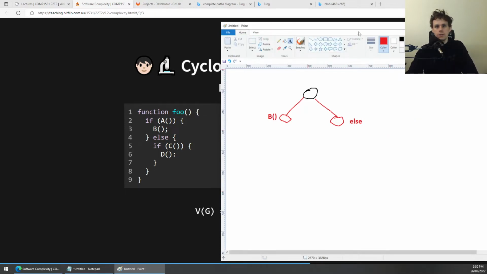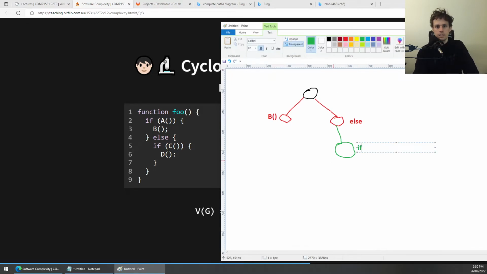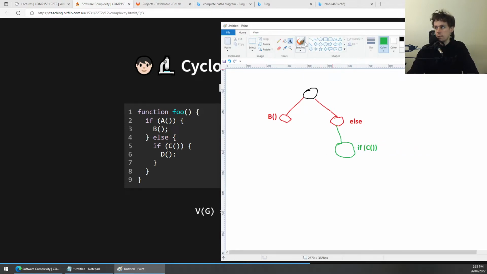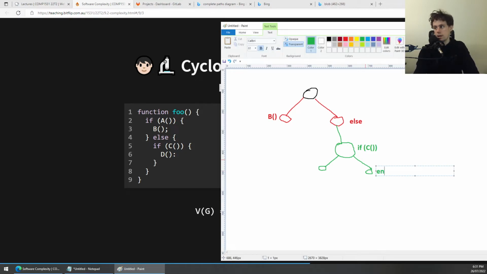Okay, and once I'm in the else, I'm going to call another if statement. So maybe I'll draw another line here. I've got my next if statement for C. And then from that if statement with C, I either go inside the if statement, or I don't go inside the if statement. And if I don't go inside the if statement, I kind of end the program.